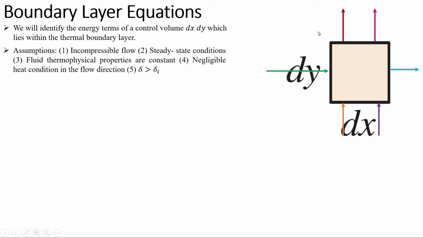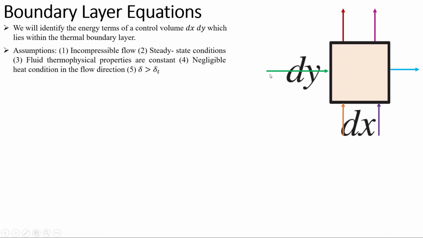We will learn all these energy in and out in this slide, but in order to derive the thermal boundary layer equation, we have assumed that our flow is incompressible, we have a steady state condition, fluid properties are constant, and there is negligible heat conduction in the flow direction.